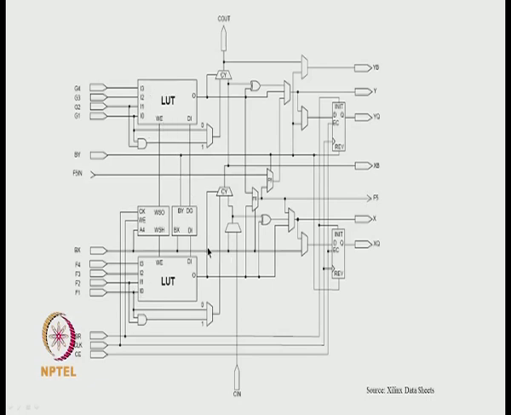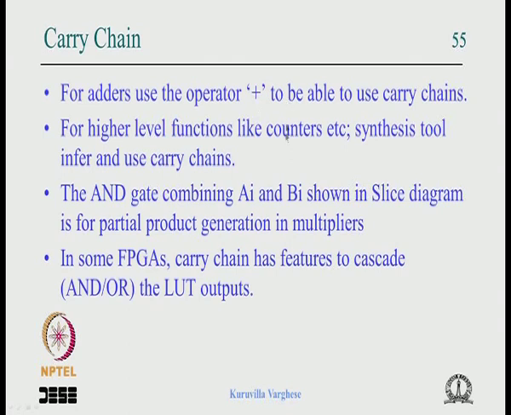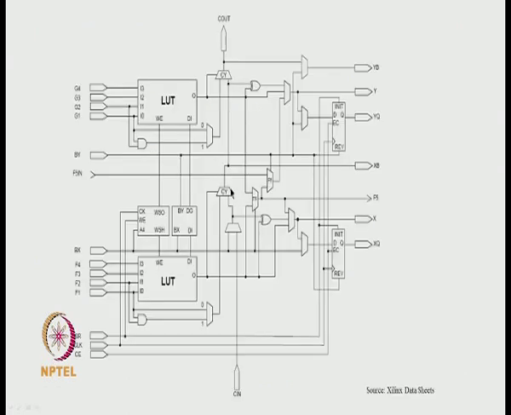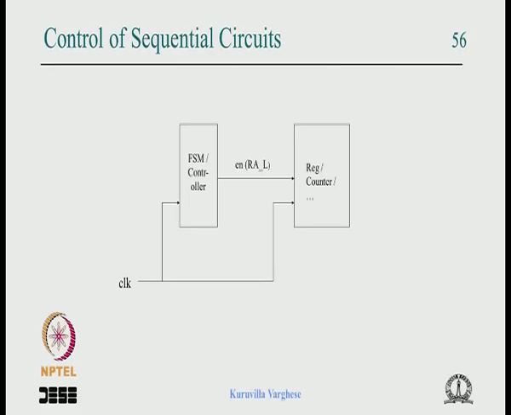So whenever you want an adder, use the plus operator. Also, in some FPGAs this carry chain can be used as a cascade chain, that is, this particular output can be ANDed with this particular output and so on, or ORed with it, depending on whether it is positive logic or negative logic.